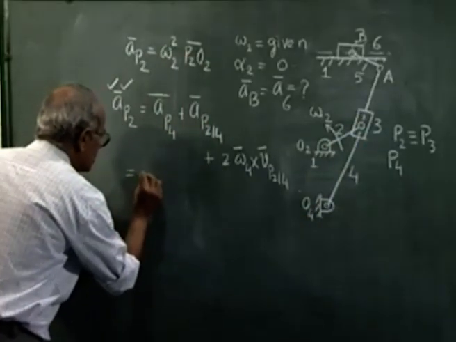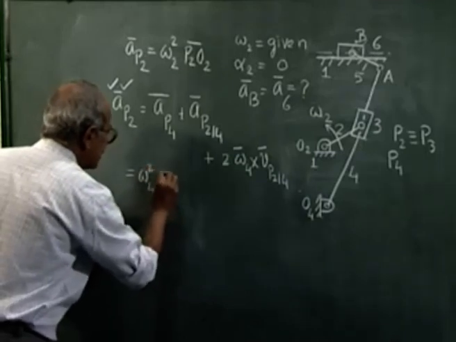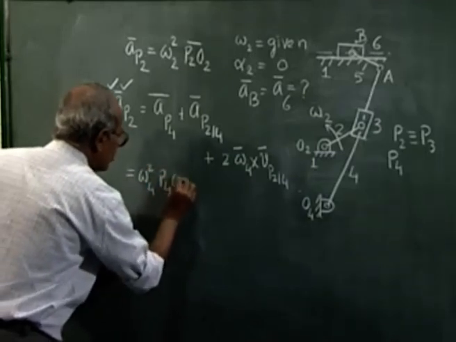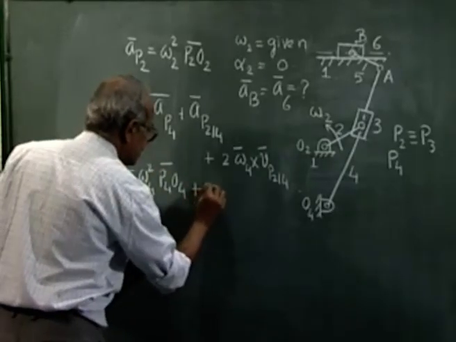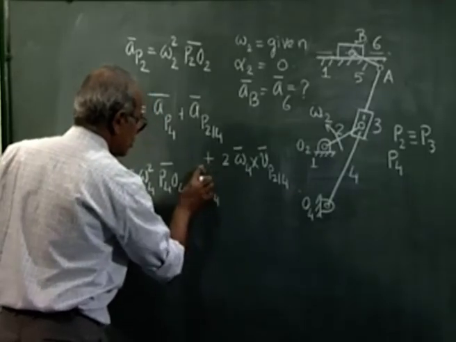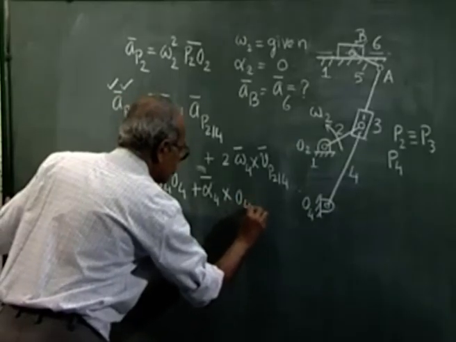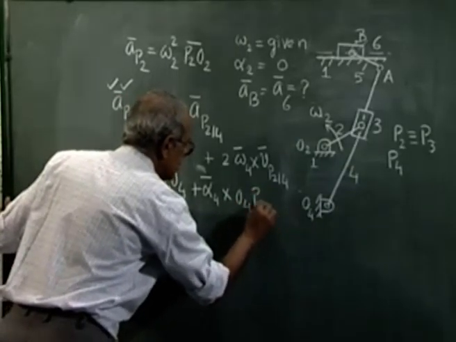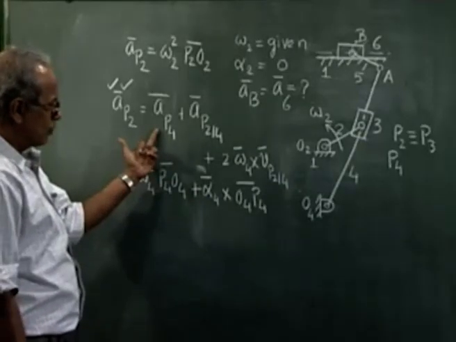There are two components. One is omega 4 squared P4 O4 plus alpha 4 cross O4 P4. These two vectors together decide AP4.